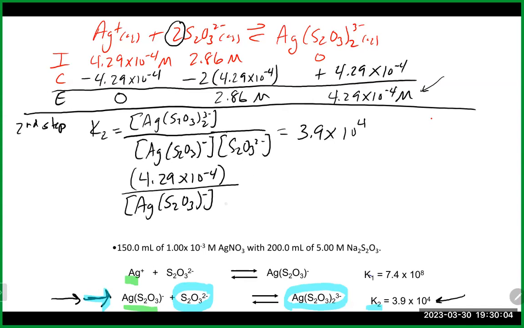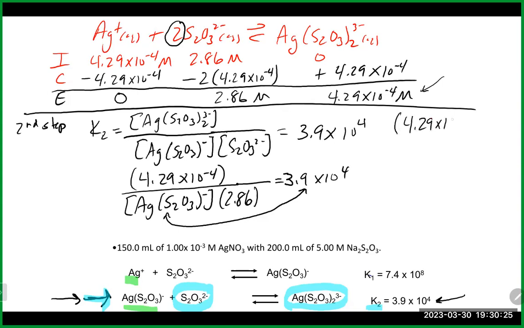And I also have the S2O3, which is 2.86. And that equals 3.9 times 10 to the 4. Again, mathematically, if you solve for this guy on the bottom, these two guys are going to basically switch places. And that would give me 4.29 times 10 to the minus 4 divided by 3.9 times 10 to the 4 times 2.86 would equal the concentration of AgS2O3 minus.